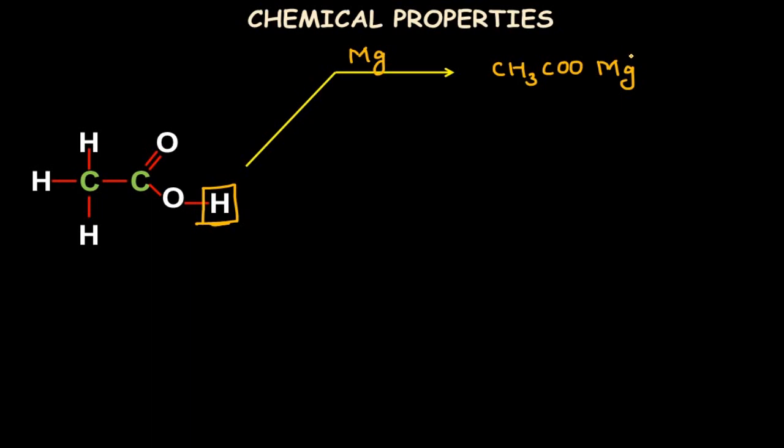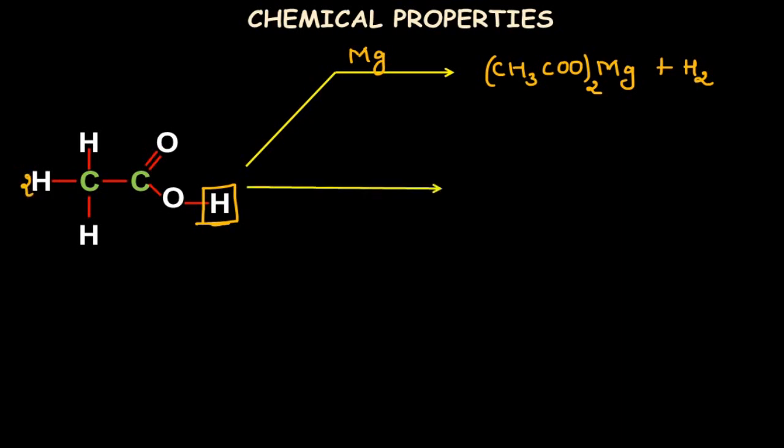But as the valency of magnesium is 2, the ethanoate ion gets a 2, and hydrogen gas will be released. So if you write the full balanced reaction, we'll get a 2 with the carboxylic acid.